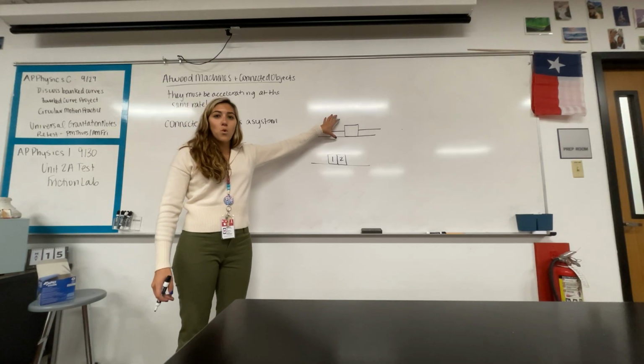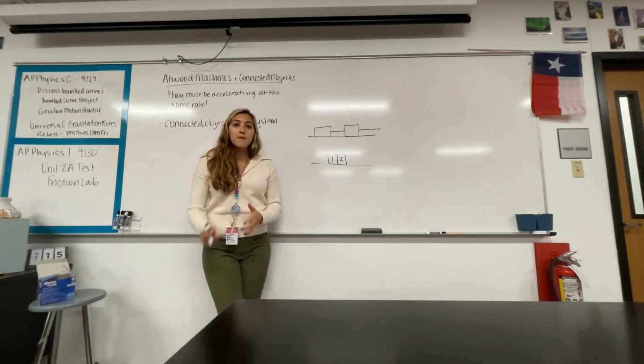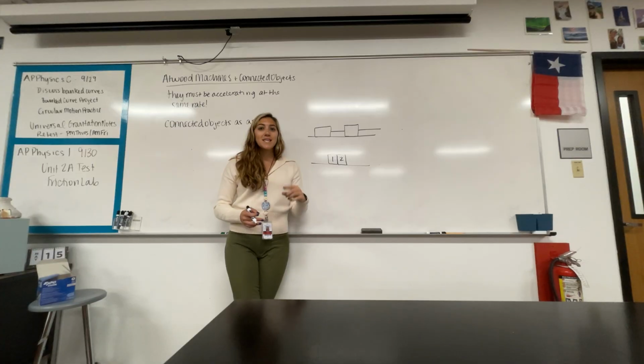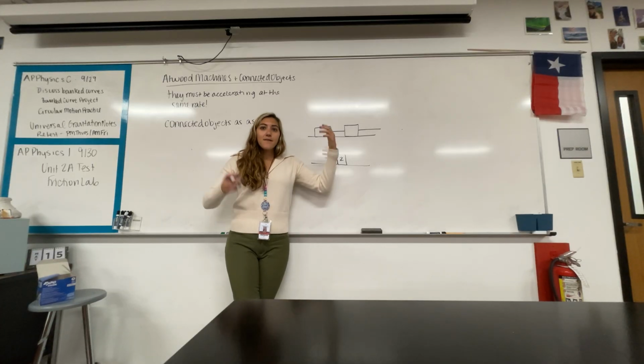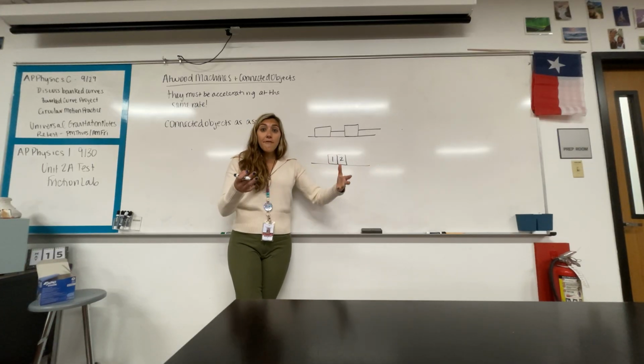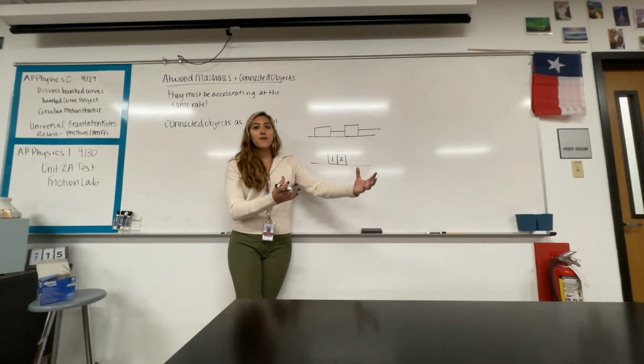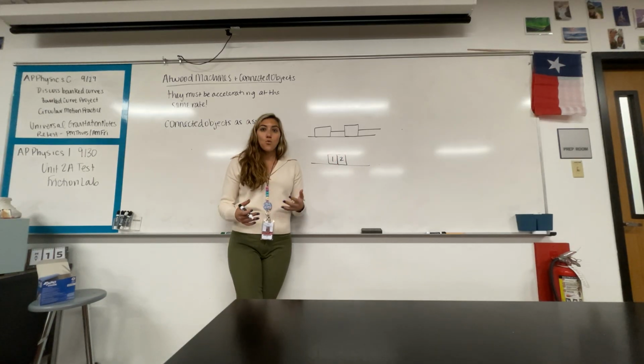I can treat them as one object. I'm allowed to treat multiple things as one object if they're moving at the same rate, if they're moving together, which connected objects are, right?